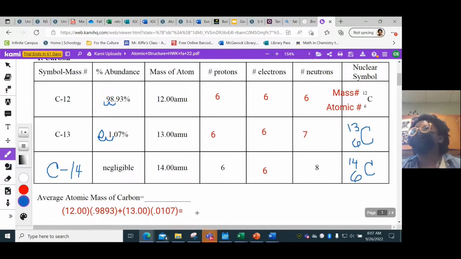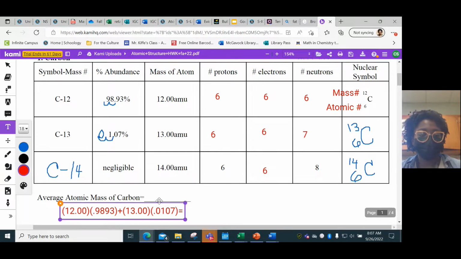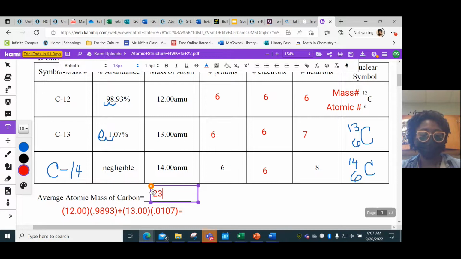All right, what's my average atomic mass here, everybody? Okay, I got 12.0107.